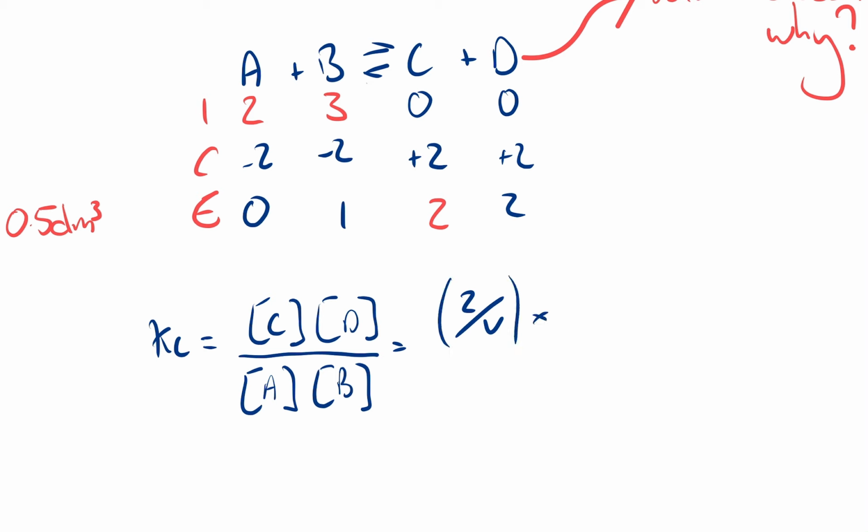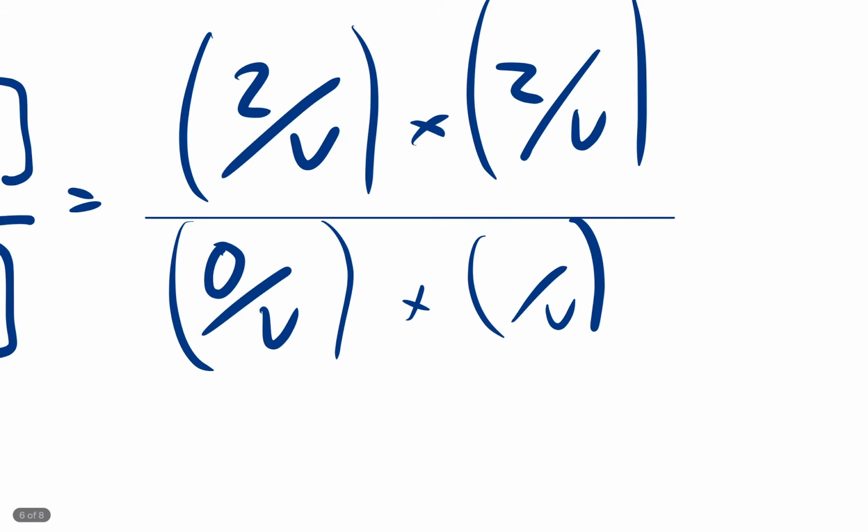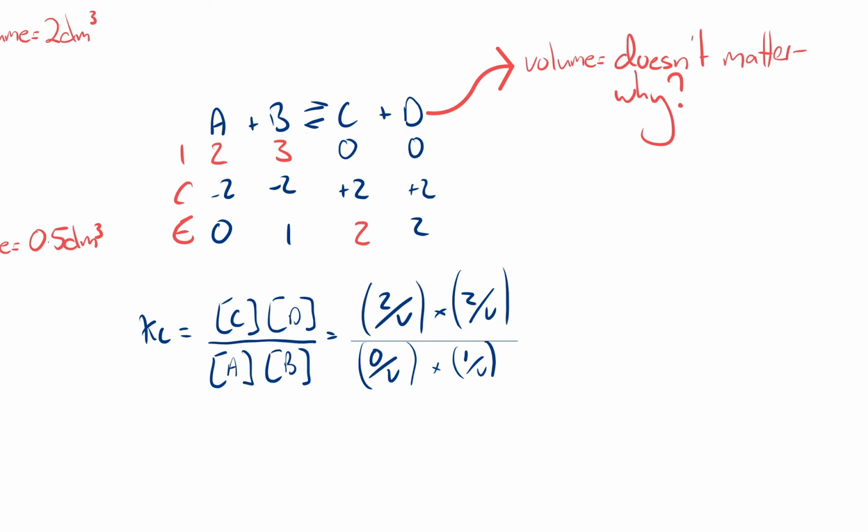Multiplied by, again, 2 divided by volume, all over A, 0 divided by volume, times 0 divided by volume. Really, we don't want to be working with 0, that 1 divided by volume, sorry. We don't really want to be working with 0, but let's ignore that for now.